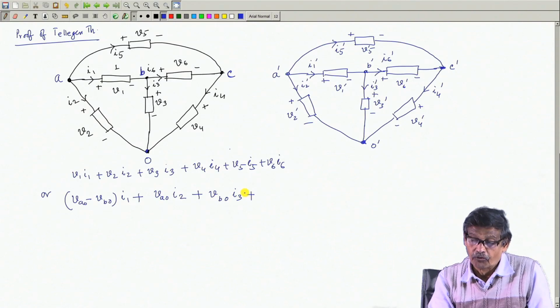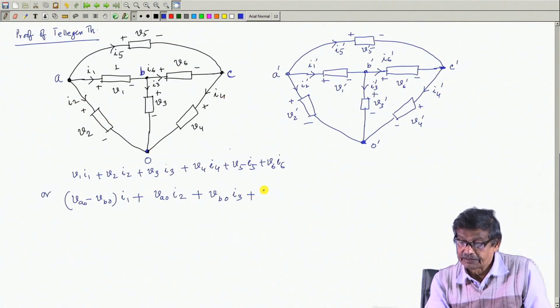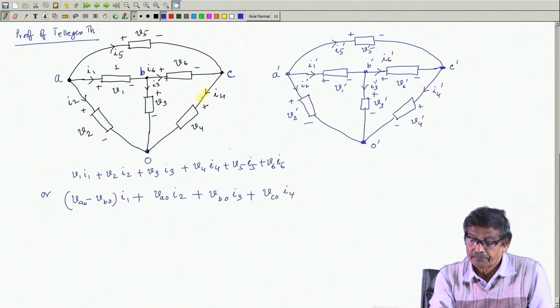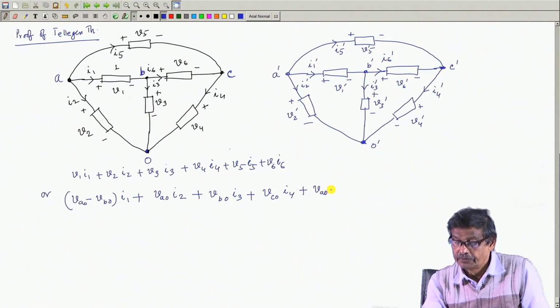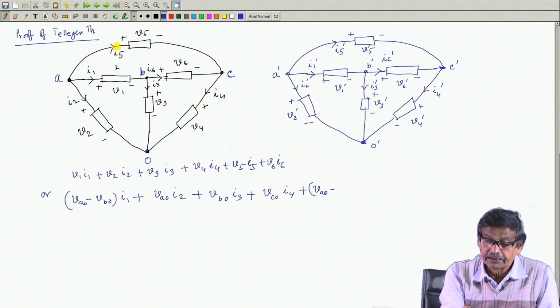For element 4, it is plus V_C0 into I4, and for element 5, it will be V_A0. The direction of current I have assumed like this.